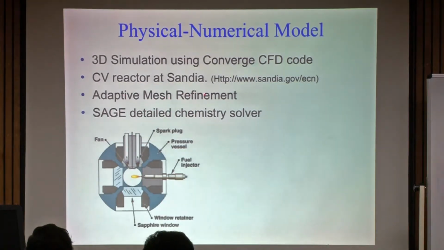One very attractive feature is the adaptive mesh refinement. During your computations, the mesh is continuously refined. And then you can use detailed chemistry through the Sage solver. You can download the chemistry and thermo files and use them directly.